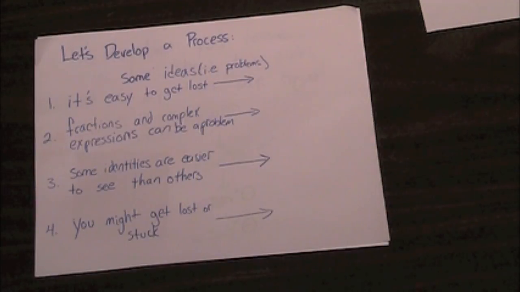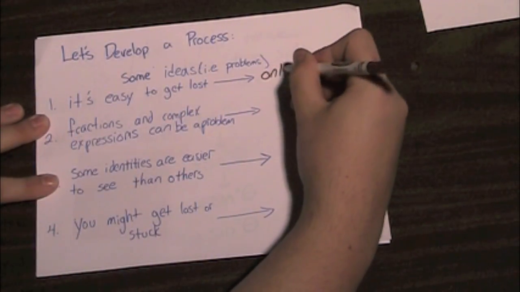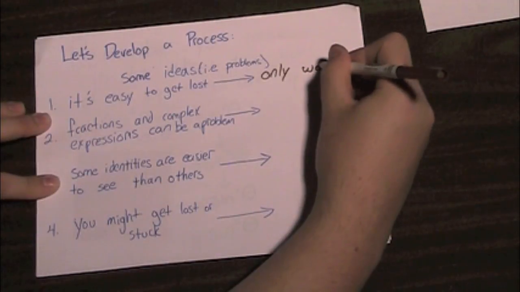In part because it's mathematically and algebraically one of the most challenging things you're going to do, and in part because it ends up being really confusing if you don't have a guide to go by. It's very easy to get lost through this process, so the way we're going to avoid that is to only work on one side at a time.